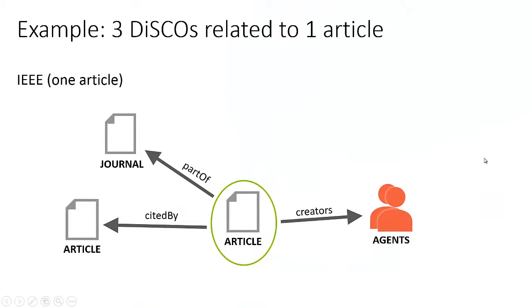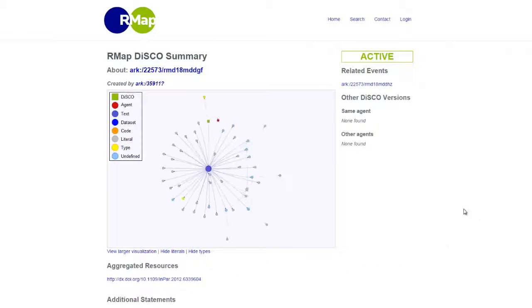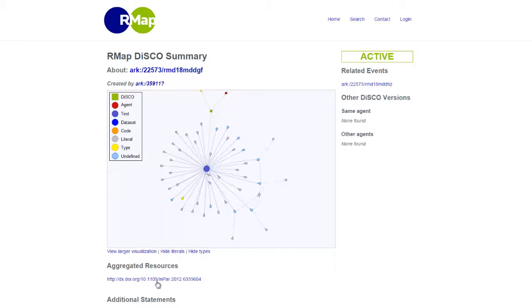So the second DiSCO related to this article is one that we got from IEEE's database. So in this case, you'll see there's much more metadata specifically about the article, and also some citation information and also the creators of the article itself rather than the code. So in this case, the main aggregated resource is listed as this article DOI.